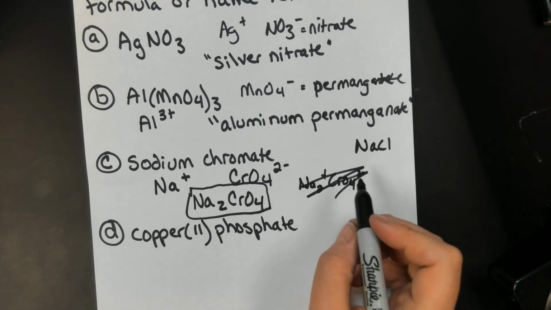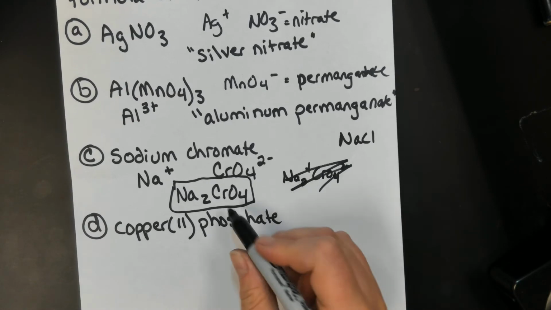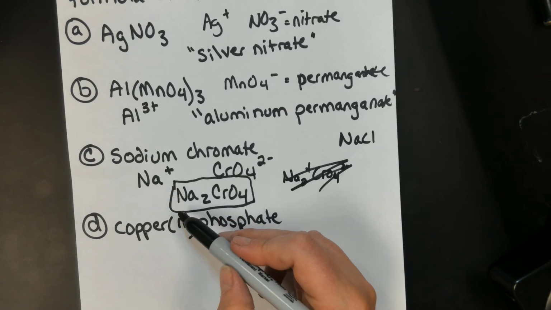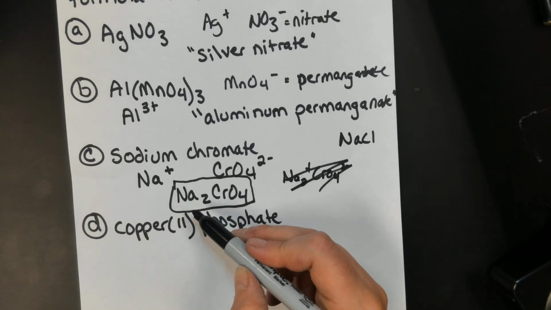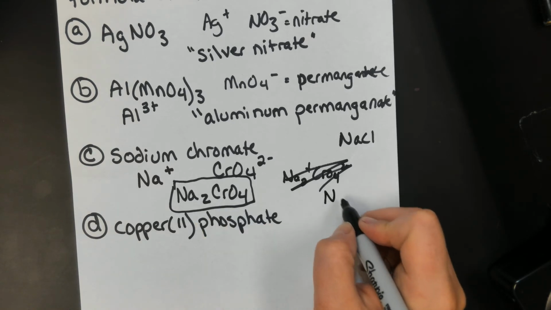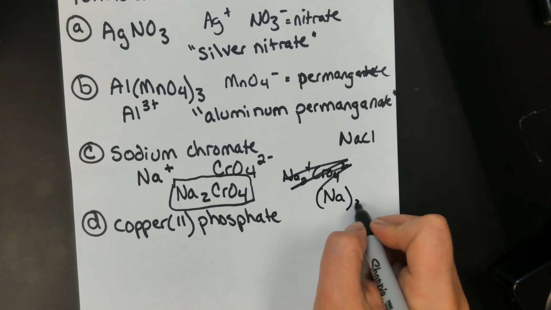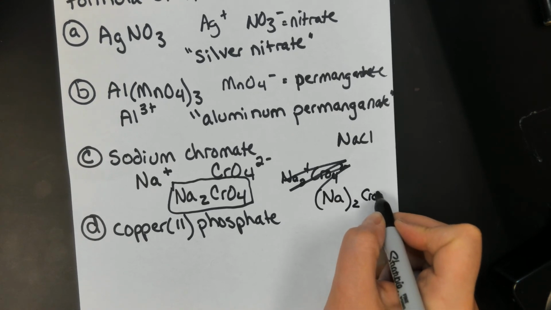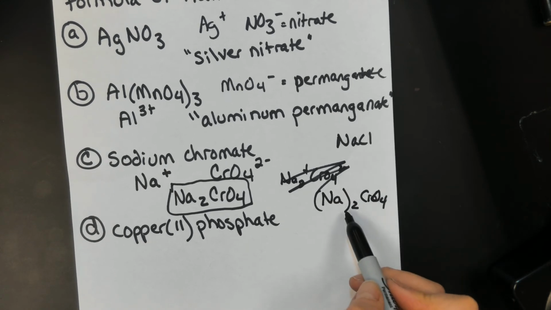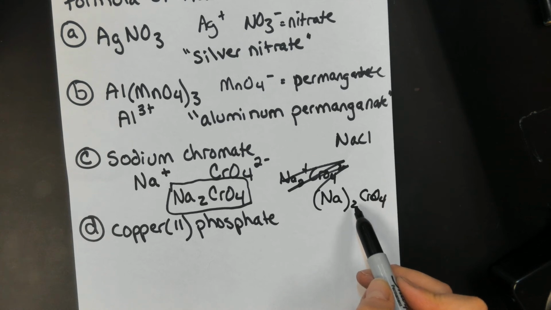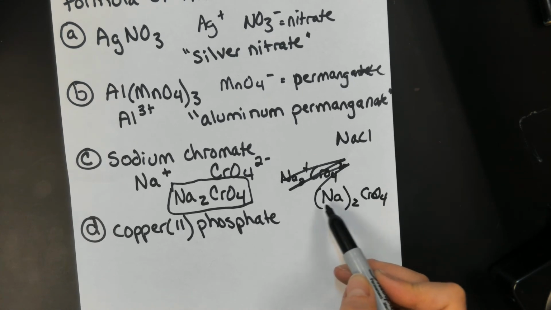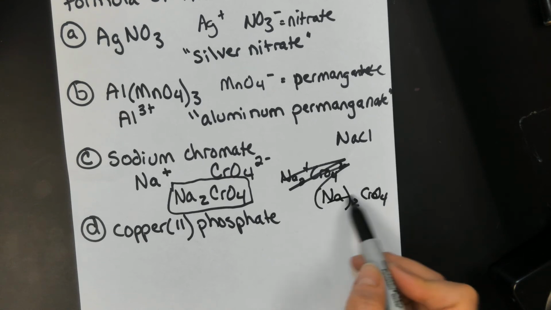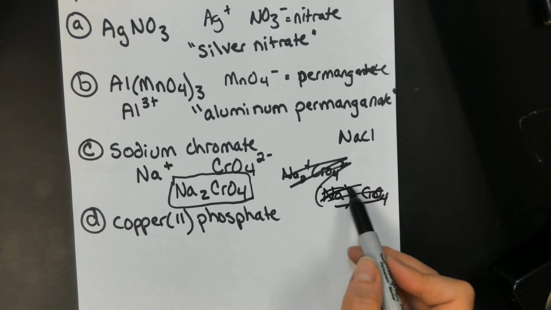Another thing that you don't do, you don't put parentheses around something that's single. So you wouldn't put parentheses around Na because it's monoatomic. It would look silly to have Na parentheses 2 CrO4. Parentheses are used for when there's multiple elements inside. So this is also wrong. No good, no good, no good.